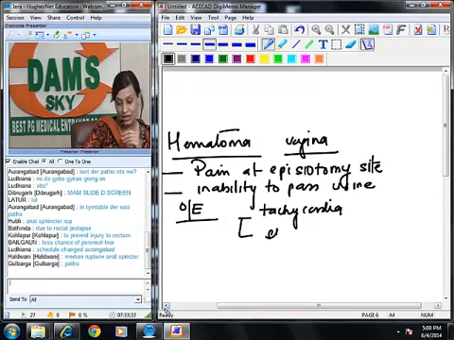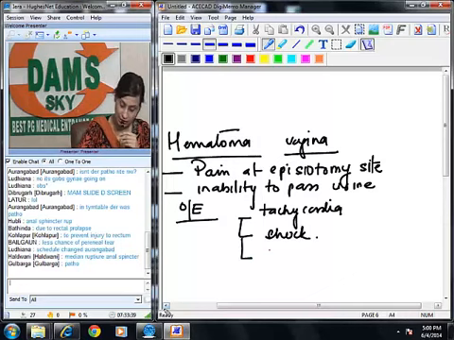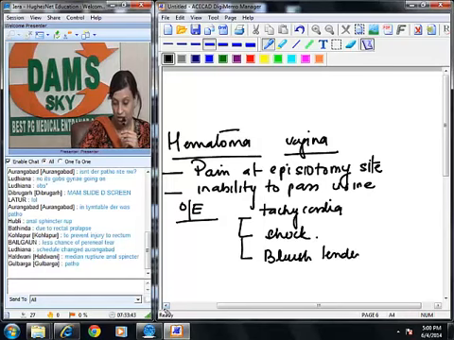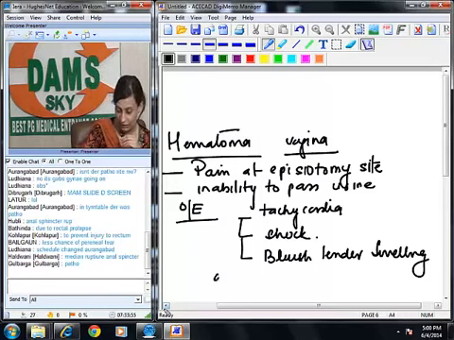The patient may even be in shock depending on how big the hematoma is, and there can be a bluish tender swelling at the perineum.